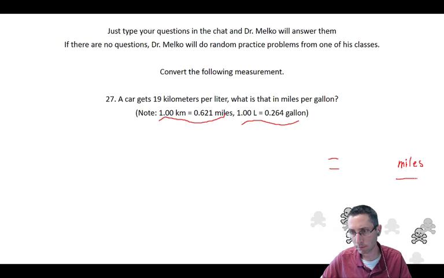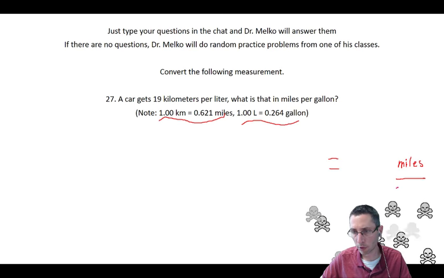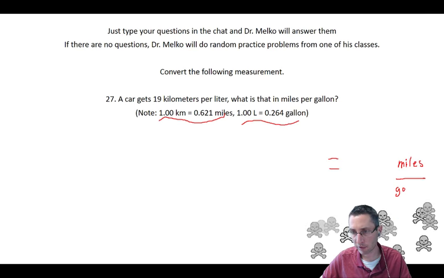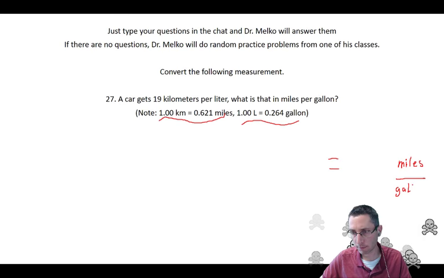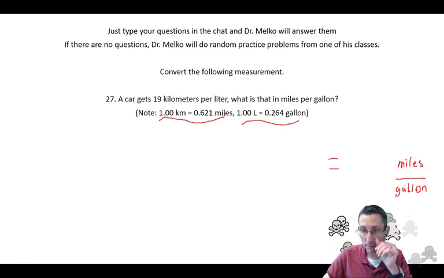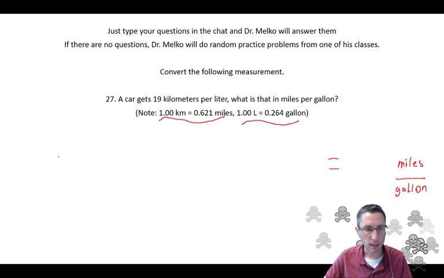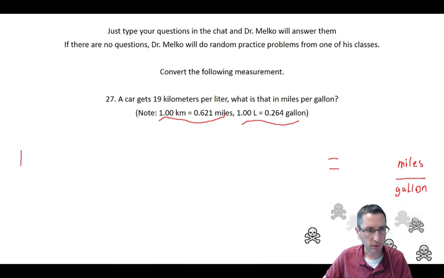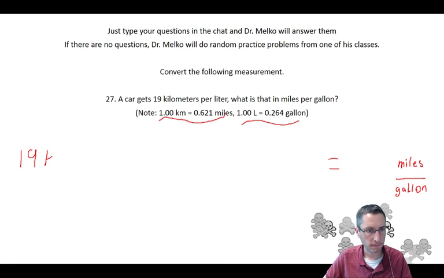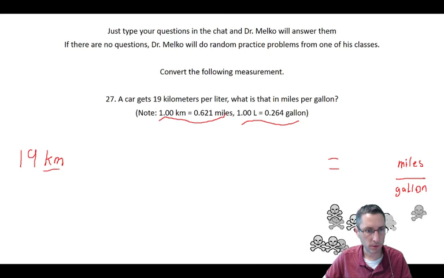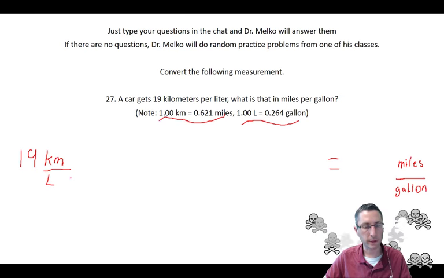Miles per gallon means we write miles, then write it as a ratio, miles over gallon, like this. And likewise, what we're given is 19 kilometers per liter, which is 19 km over capital L for liter.